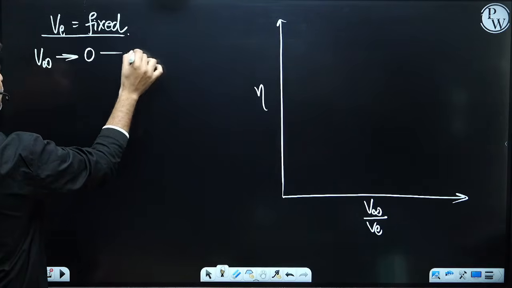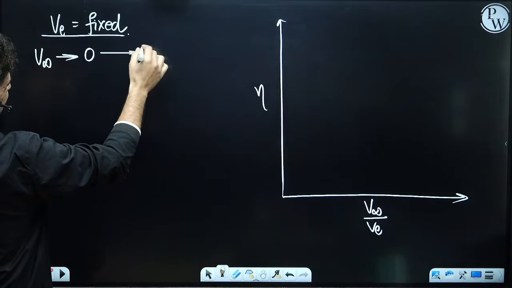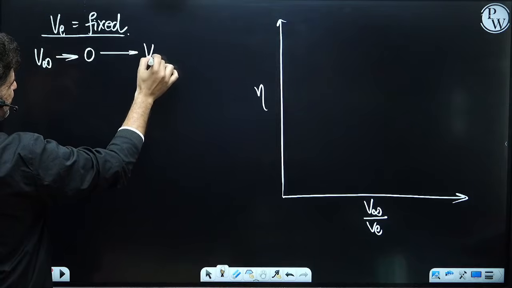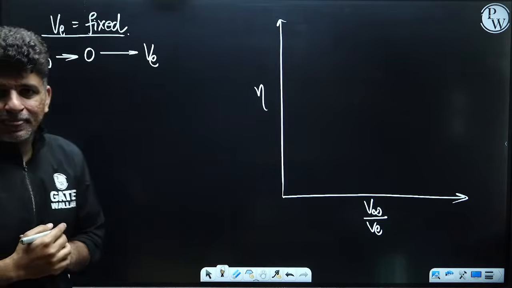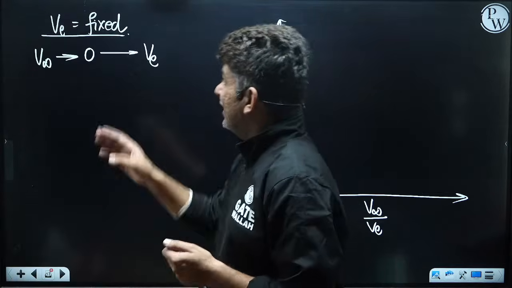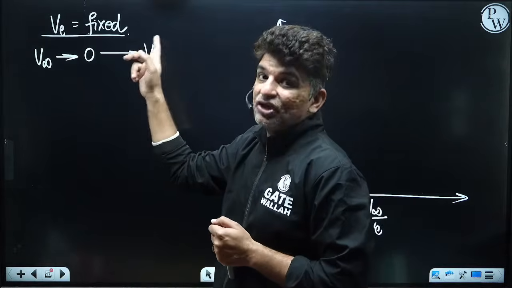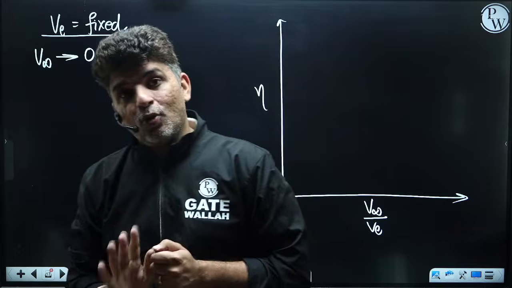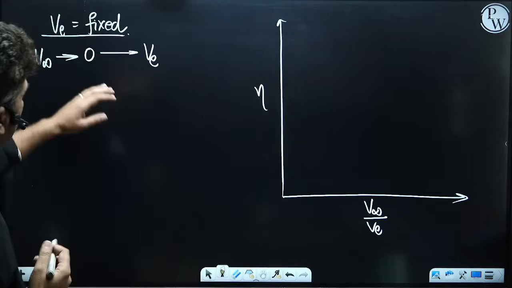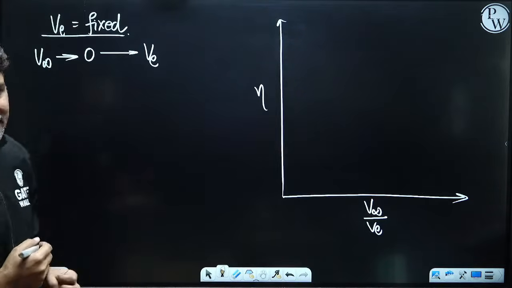So if V exit is fixed, now you can say that V infinity varies from, let's say, 0 to V exit. I am taking only the simple case. Though V infinity can go much higher than V exit also, in case of rockets it goes beyond V exit.